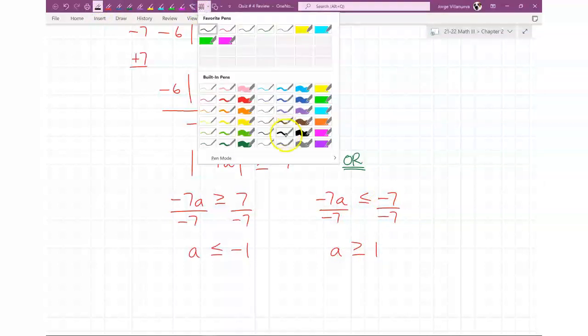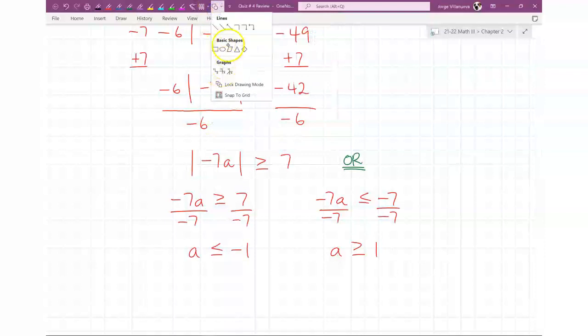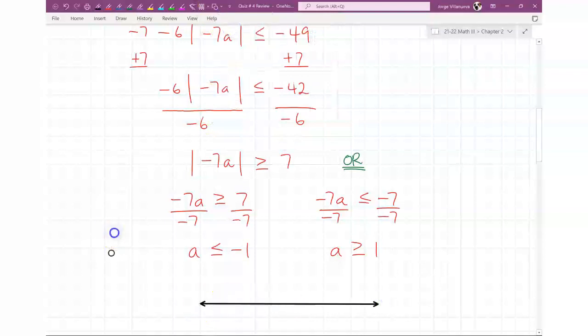So I'm just going to make a number line here. So here's 0, 1, 2, -1. So there you go. And I'm just going to draw this. I know it's an OR, so they should be going in opposite directions.